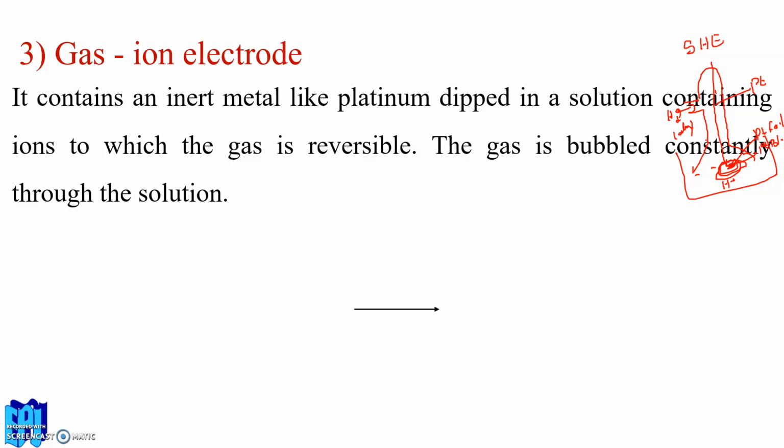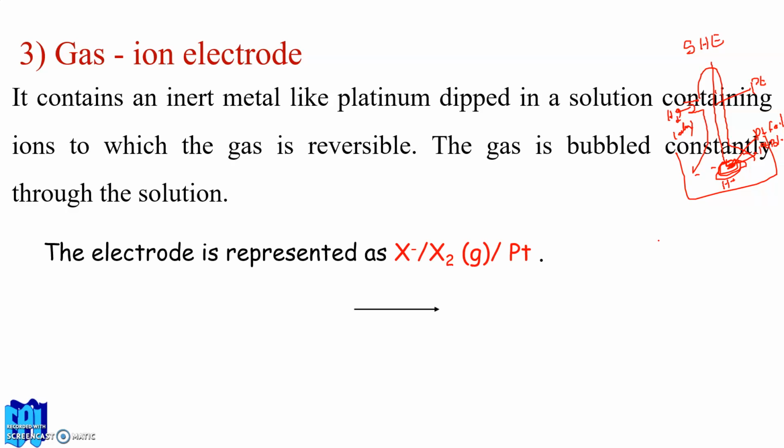If it is H2, the solution should be H plus. If it is Cl2, the solution should be Cl minus. The ion should be reversible with the gas, that is, one can be converted to the other and back. That is the meaning of reversible. And the gas is bubbled constantly through the solution.